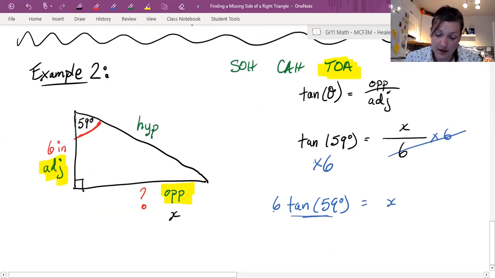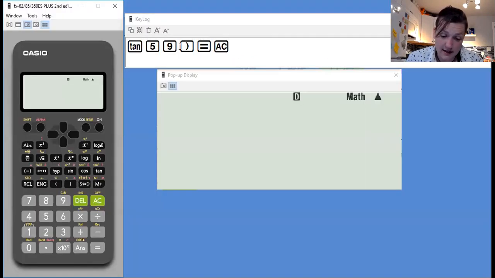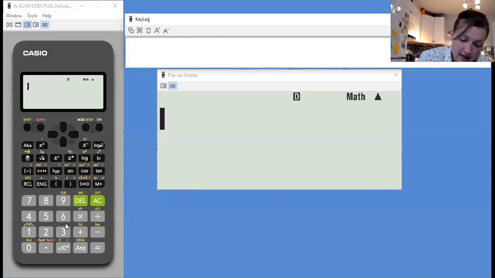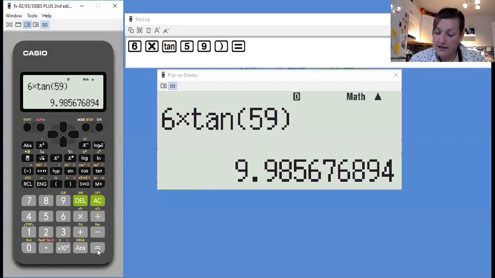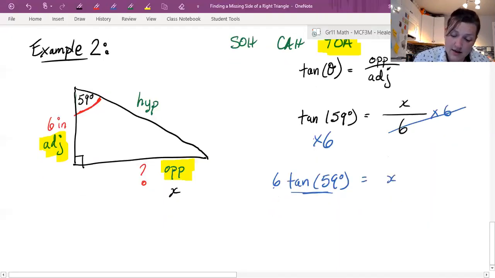So you can go to your calculator and let's say we put in 6 times tangent of 59 degrees equals, and it has done all of the math for us. So it's 9.985. I'll round that to 9.99. So our answer then is that this opposite side is 9.99 inches, or almost 10 inches.